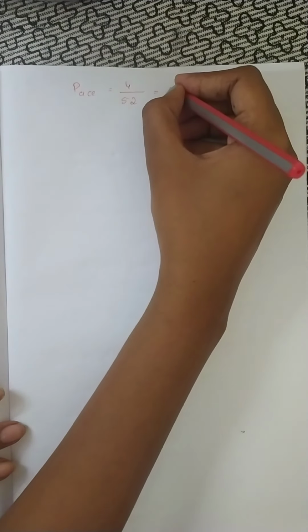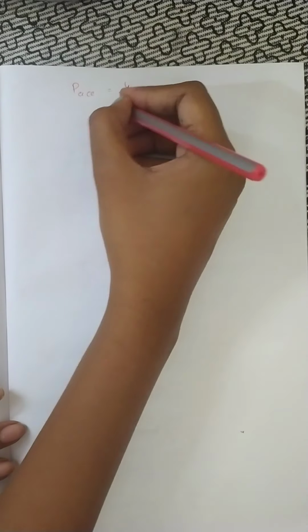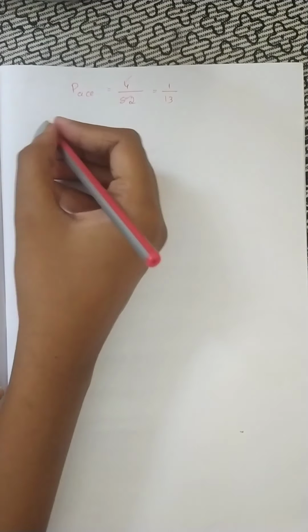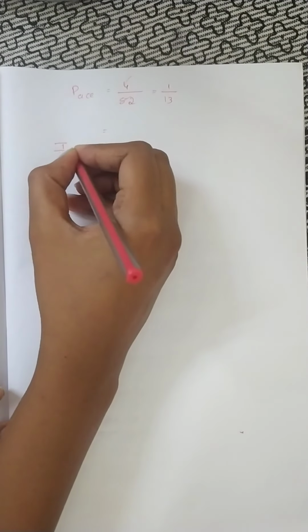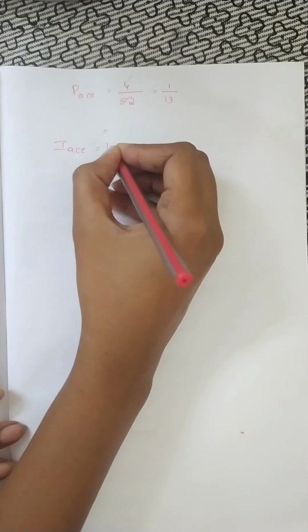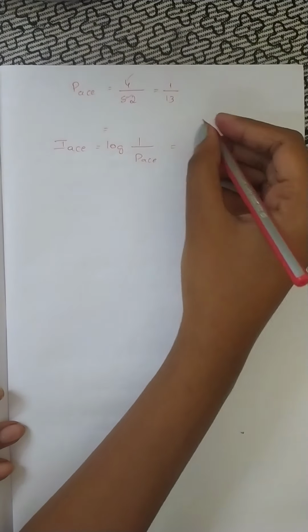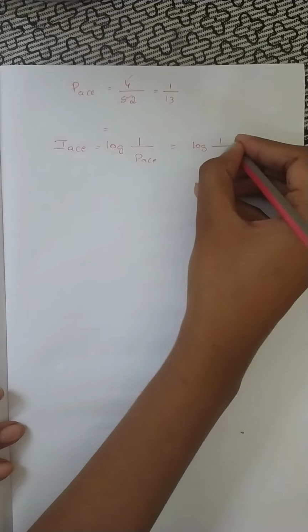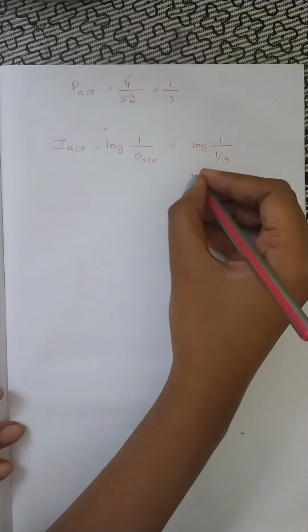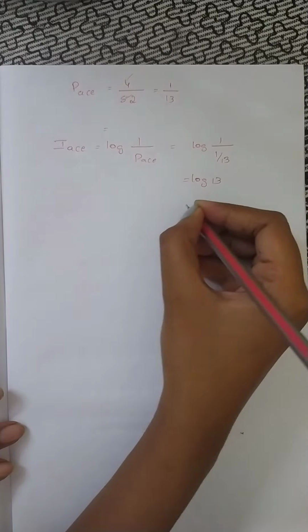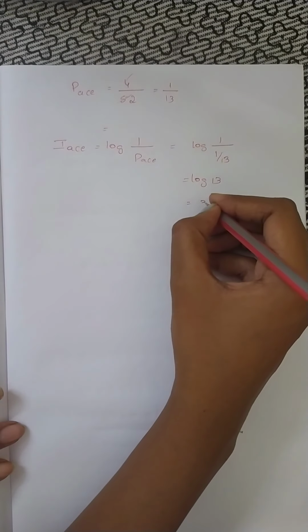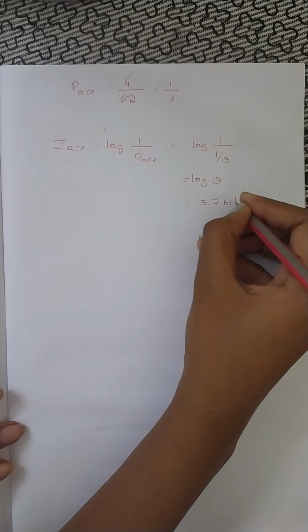So you will get the answer as 1 by 13. I can write the self information as I of ace is equal to log 1 by P of ace. Substituting the value, log 1 divided by 1 by 13, so log of 13. Put it in the calculator, you will get the value as 3.7 bits.